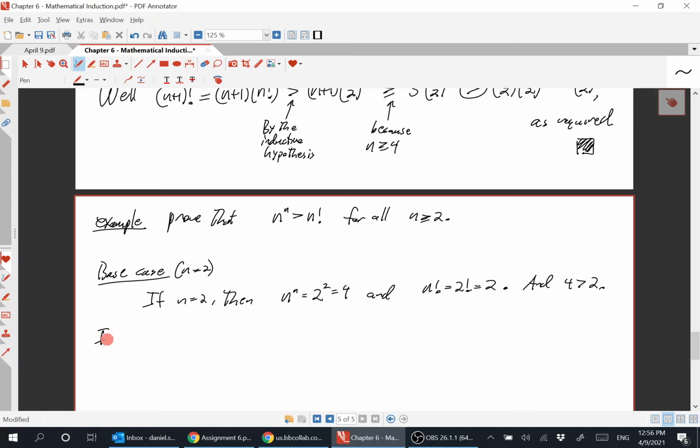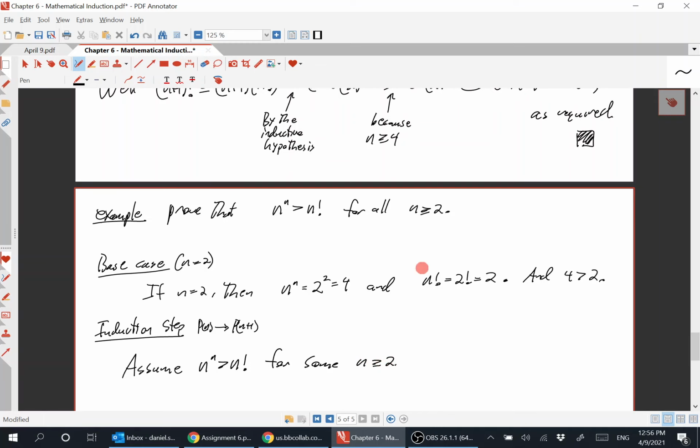Induction step. Right, again, Pn implies Pn plus 1. So assume that Pn is true. This is Pn. So assume n to the n is greater than n factorial for some n bigger than or equal to 2.